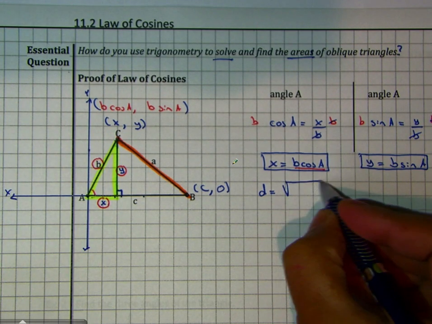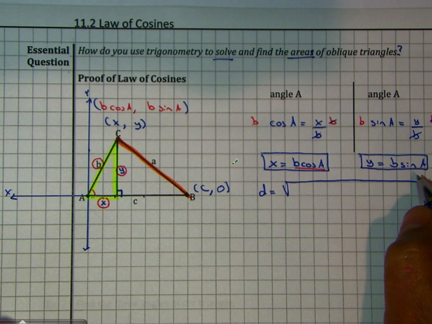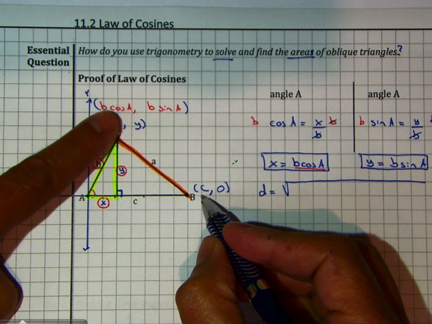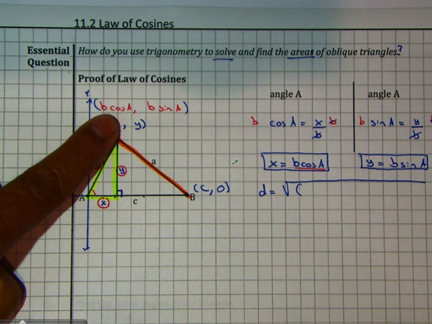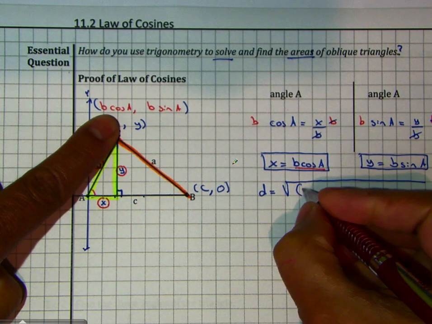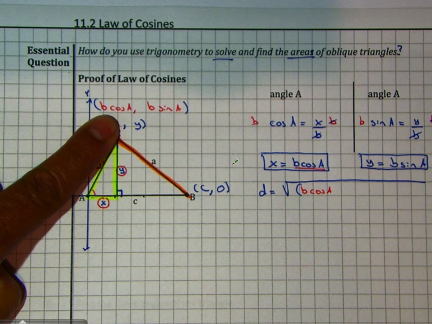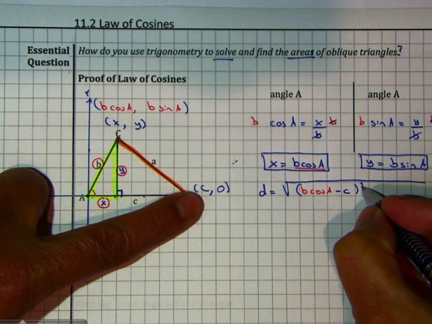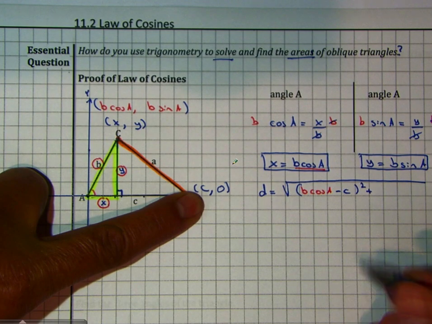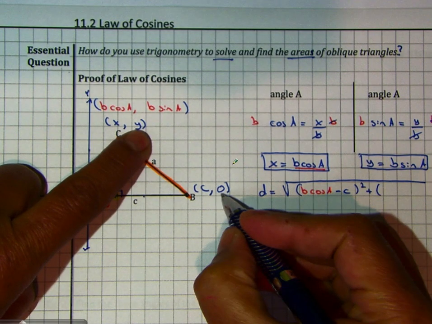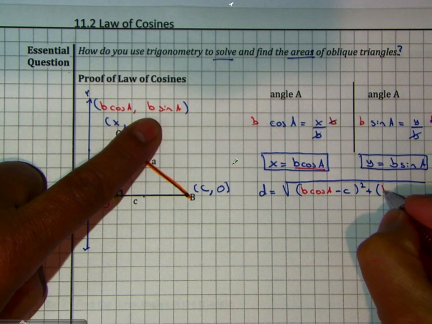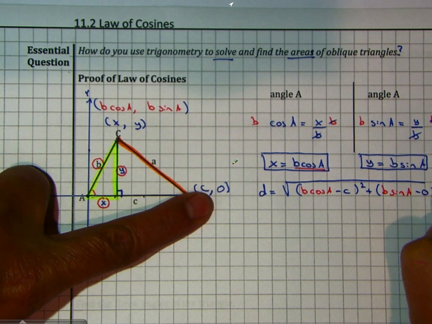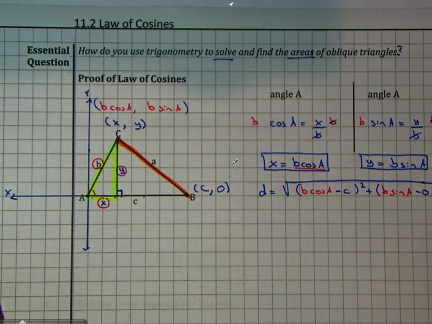It is the square root of the difference between your x values, so x minus c, but in this case b cosine of A minus c, squared, plus the difference between your y values, so y minus 0, but in this case b sine of A minus 0, squared. And now we are just going to simplify it.